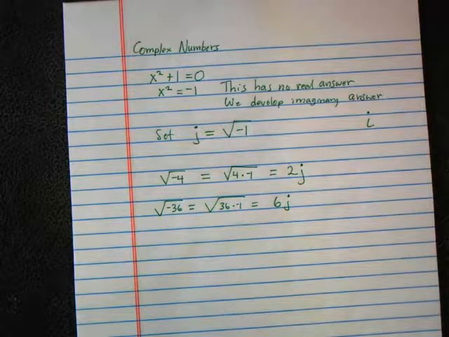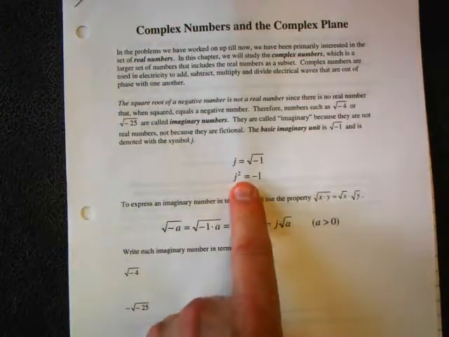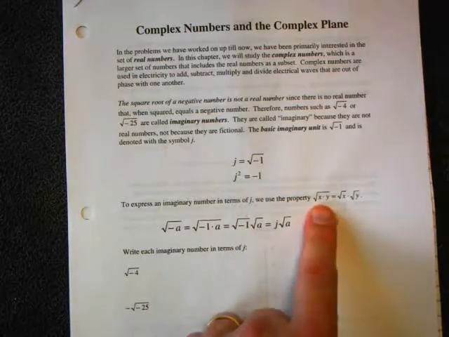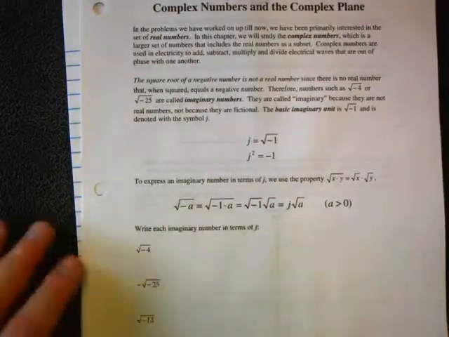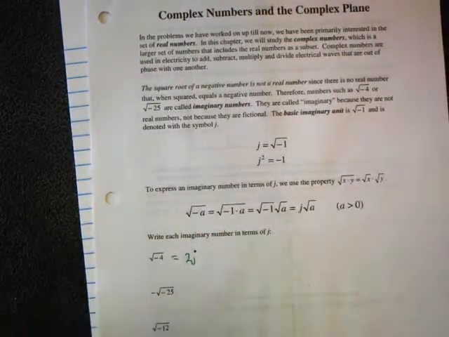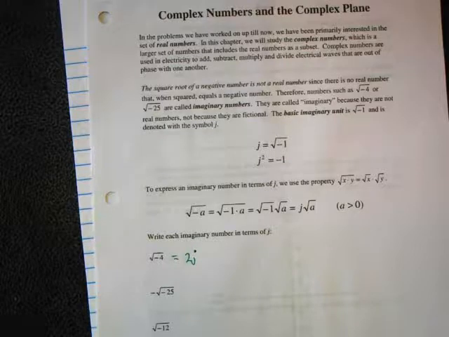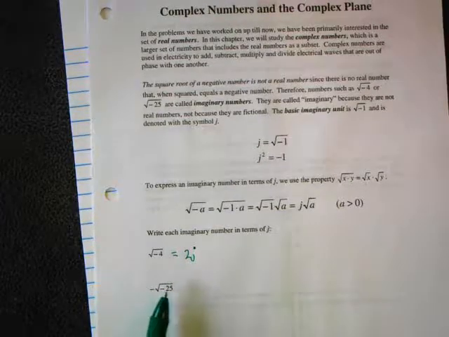All right, so let's look at this handout that I gave you. In the handout, we define j as the square root of negative 1, and we use that multiplication property like I just had been doing. We already did this one. Square root of negative 4 is 2j. What would be negative square root of negative 25?